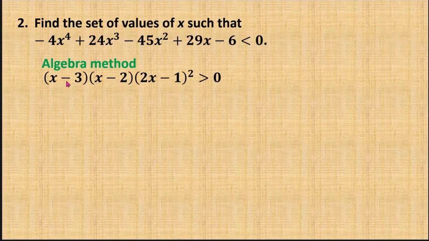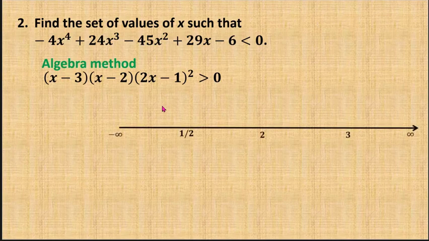One is 3 from the factor x minus 3, one is 2 from the factor x minus 2, and the other one is 1 over 2 from the factor 2x minus 1. Now I'm going to mark these 3 different roots on a number line, from negative infinity up to positive infinity. Notice that the number line has been divided into 4 regions.